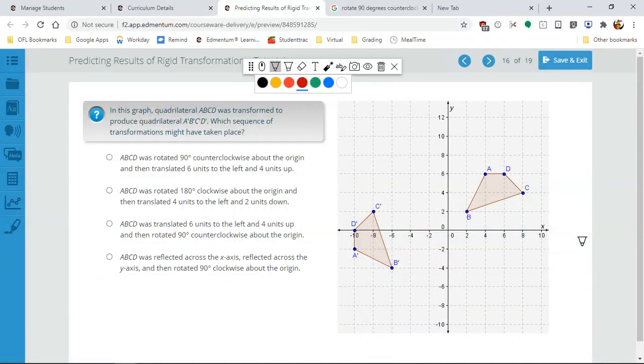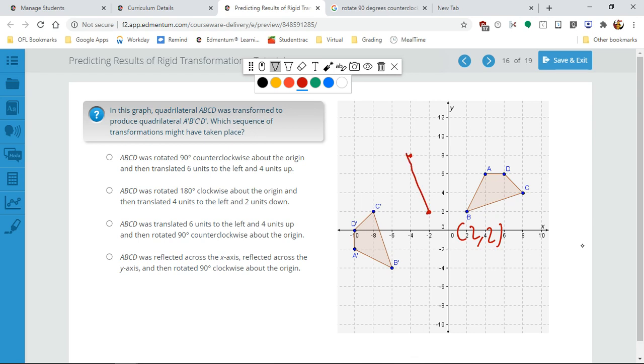So in this case, my point is 2, 2. So my other point would be negative 2, 2. This one would be negative 4, positive 8.